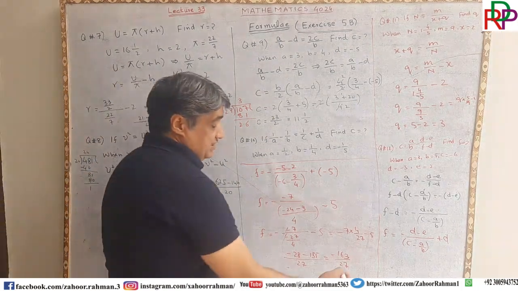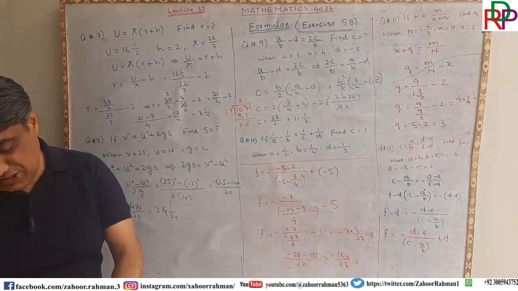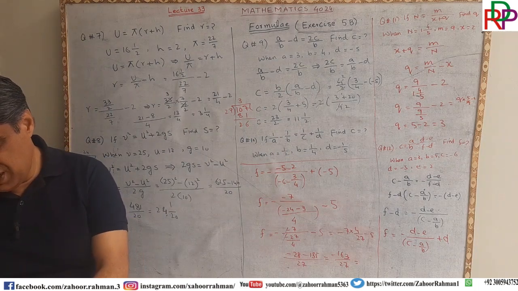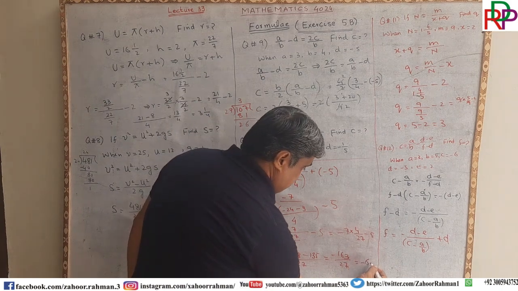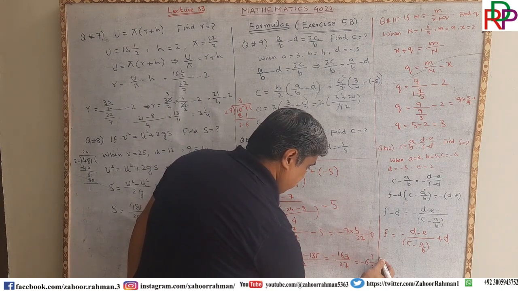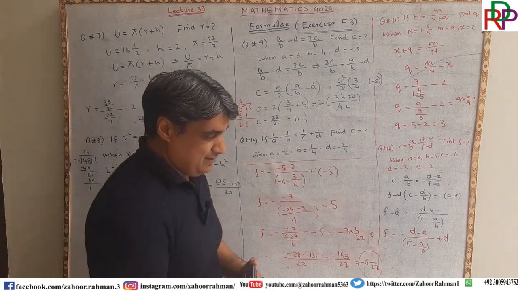So 163 when divided will give you minus 6 whole 1 over 27, and that is the ultimate answer.